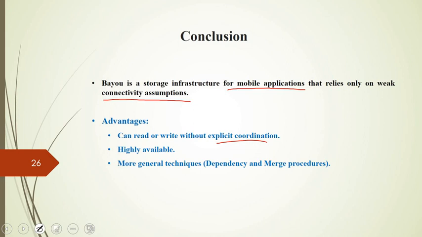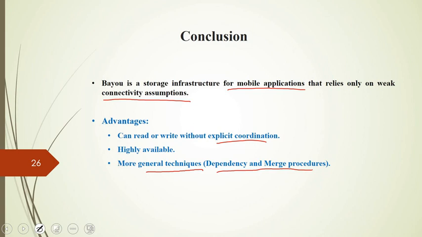It also provides support for clients that may choose to access stable data. It also gives more general techniques such as dependency checks and merge procedures, which I have explained in the previous slides.